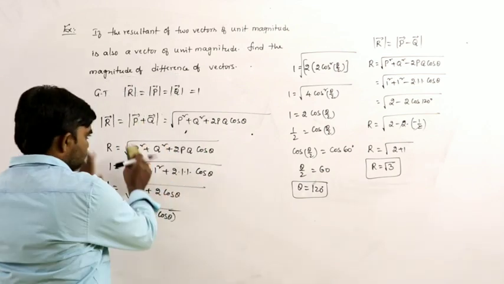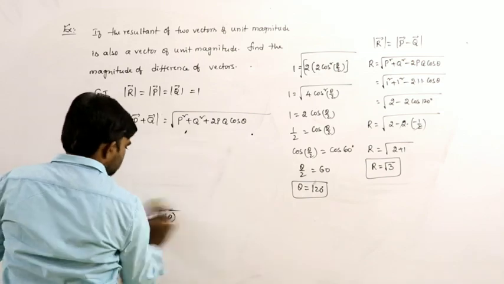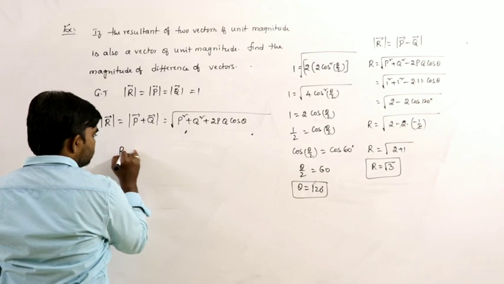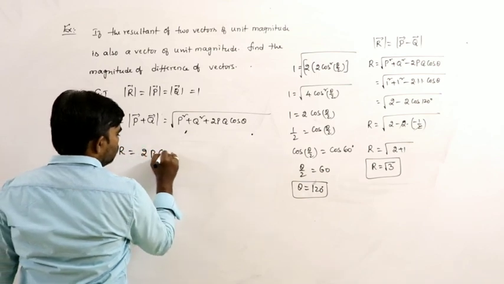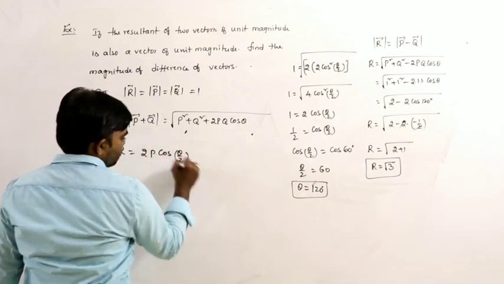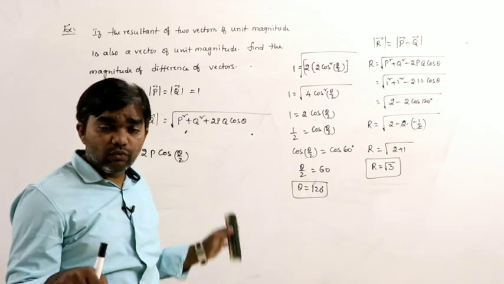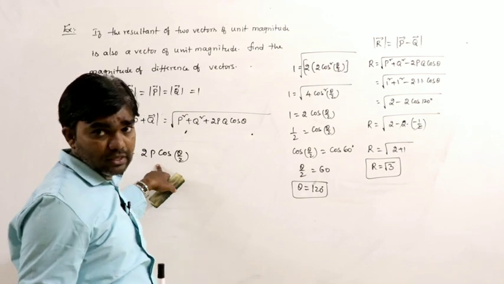Without calculating everything, here is a simple way. If two vectors have equal magnitude, what is the resultant formula? 2P cos theta by 2. Previously we discussed that for two vectors of equal magnitude, the resultant formula is 2P cos theta by 2.